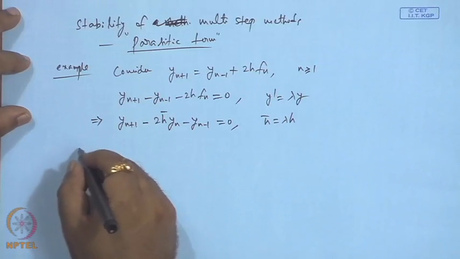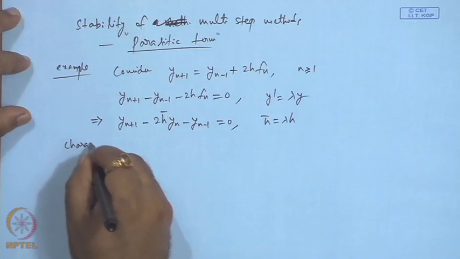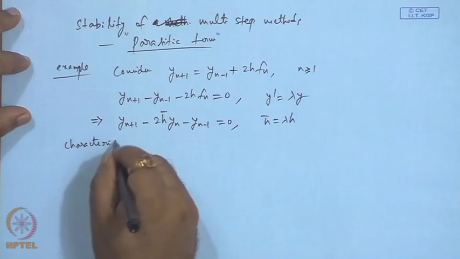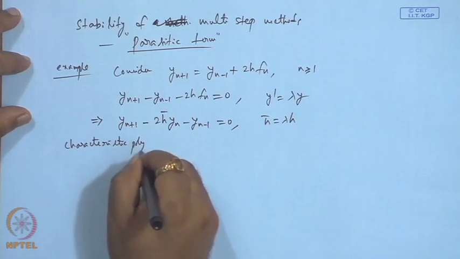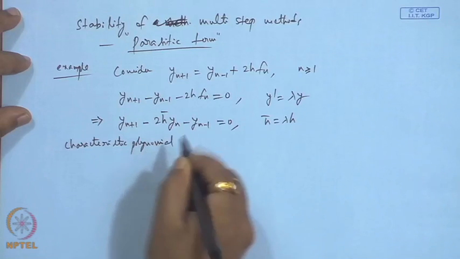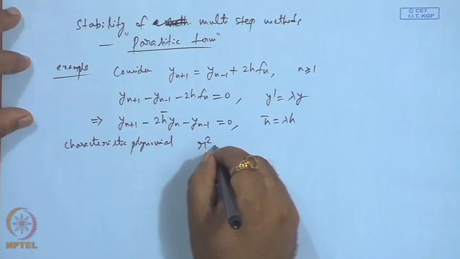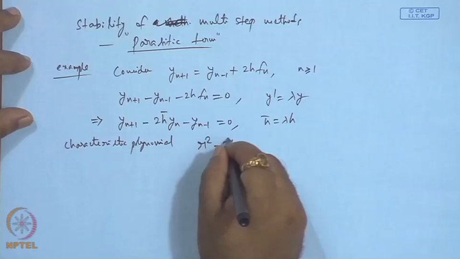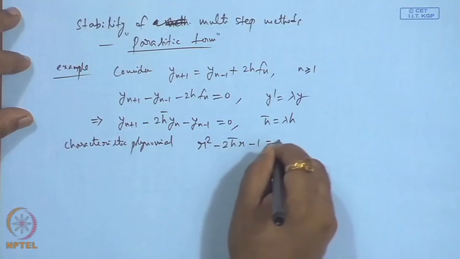So, the characteristic polynomial is r square minus 2 h bar r minus 1.